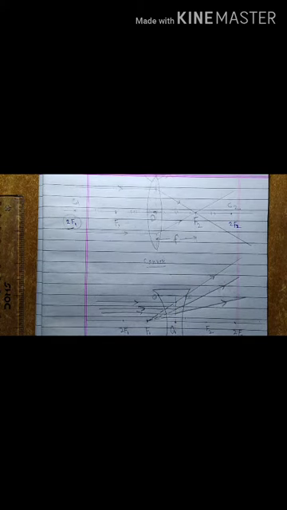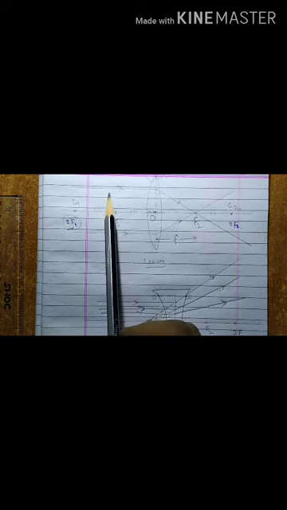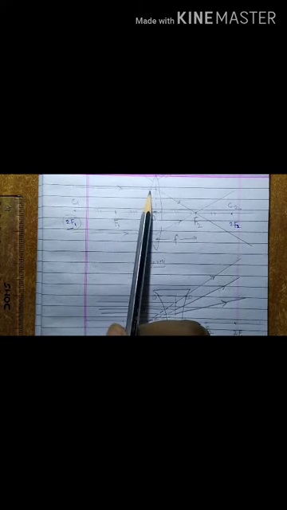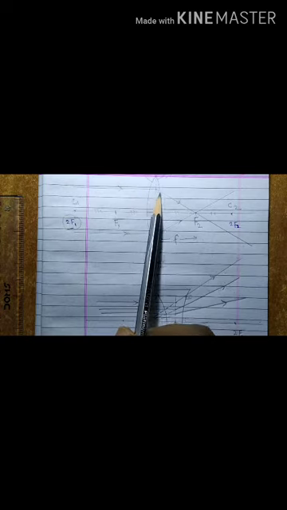But why is this called a convergent lens or converging lens? The reason is light rays parallel to the principal axis falling on a convex lens. Light rays parallel to the principal axis after falling on a convex lens come together.